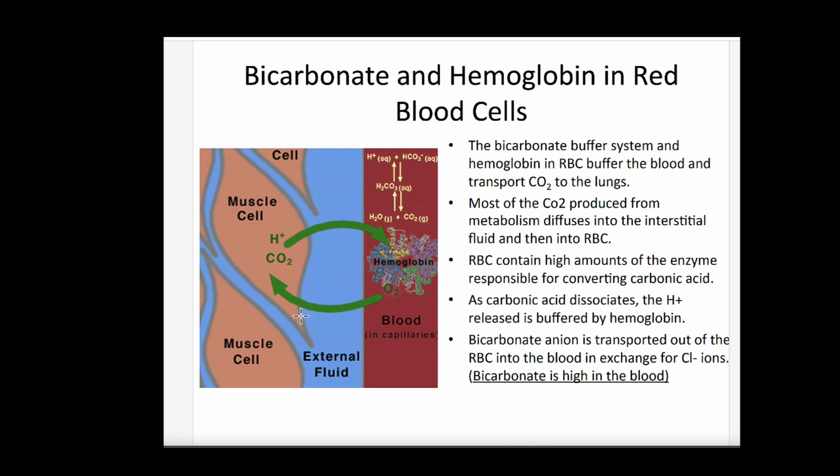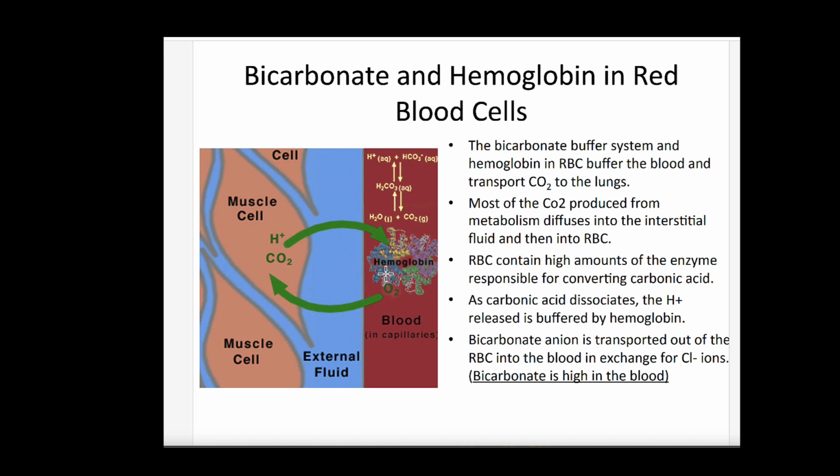And that's what you're seeing happening in this diagram here. As the carbonic acid dissociates, the hydrogen ions are released and buffered in combination with hemoglobin. The side chain of the amino acid histidine in hemoglobin has a pKa of 6.7, and so it's able to accept a proton.